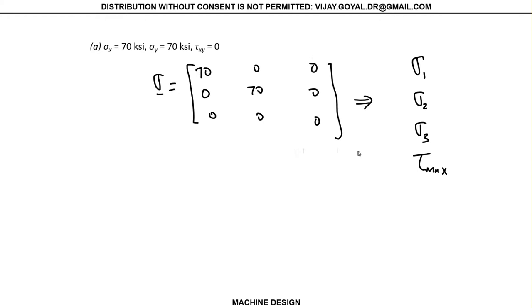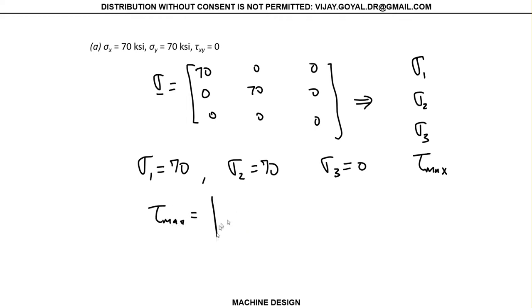We can also say this is a state of principal stress. Why? I only have diagonal terms. So without actually running any code or anything, you can immediately know sigma 1 is 70, sigma 2 is 70, sigma 3 is 0. So you know your principal stresses, okay? And your tau max is nothing else than sigma 1 minus sigma 3 divided by 2. So that would be 35 ksi. So we know what your principal stresses are.